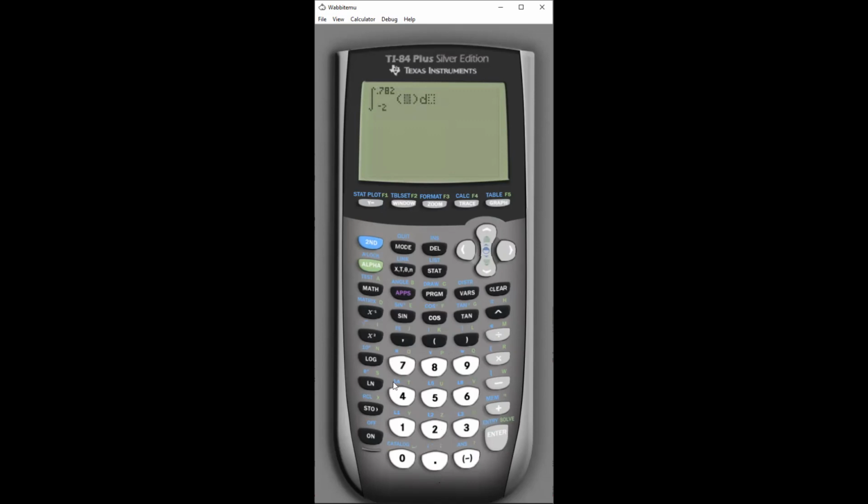And so the difference is ln of x plus 3, close parentheses, minus x to the fourth power minus 2x to the third power, with respect to x, dx. And so the answer here is 3.6035.